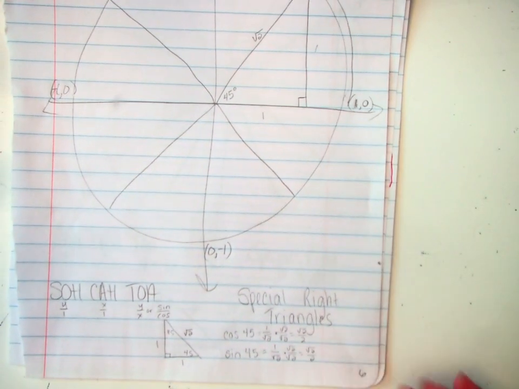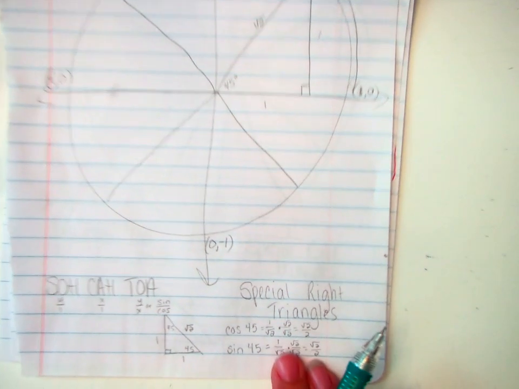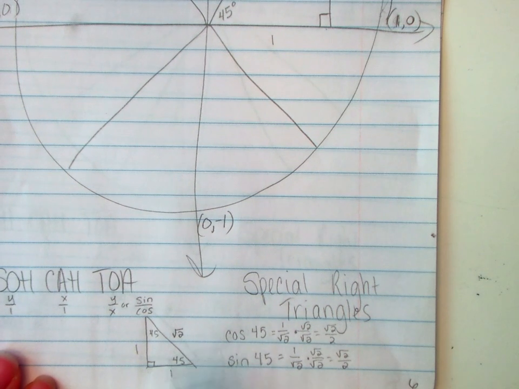All I did was redo my little triangle, and I'm finding the cosine of 45. You can choose whichever. The cosine is the adjacent over the hypotenuse, 1 over square root of 2. Get rid of the square root of 2, you get square root of 2 over 2.